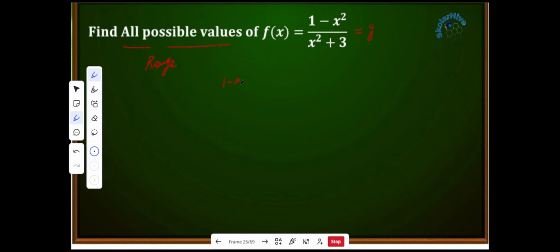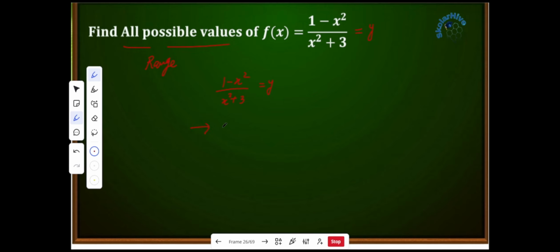So we have 1 minus x square divided by x square plus 3 equal to y. Once we do cross multiplication, as this is an equation, we need not worry about it. That is something we think about for inequalities, because multiplying by a negative or positive sign matters for the inequality sign.